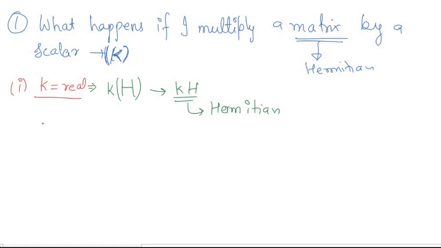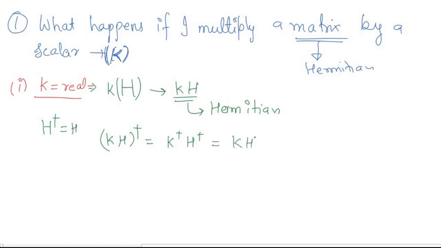If H is a Hermitian matrix, then H dagger is equal to H. If you multiply k times H, then take its dagger, it is equal to k dagger H dagger. And k is real, so k dagger is the number itself.